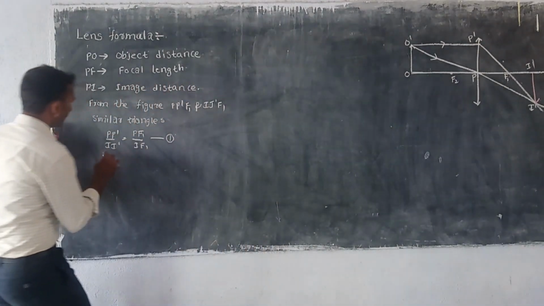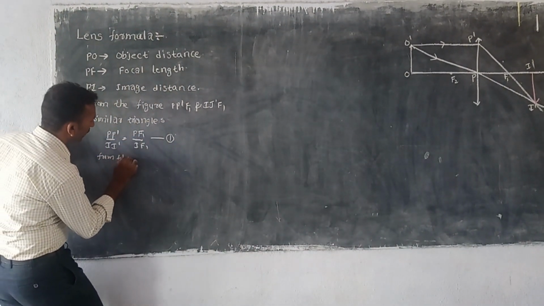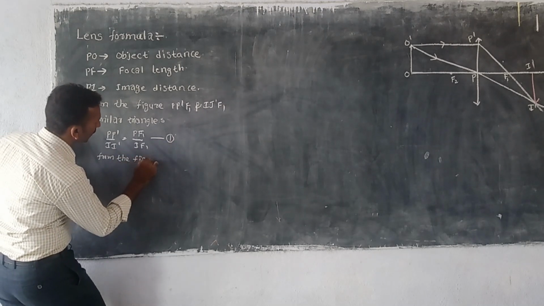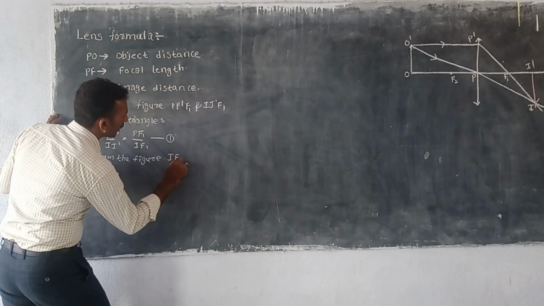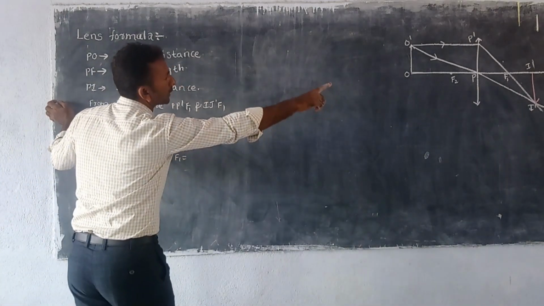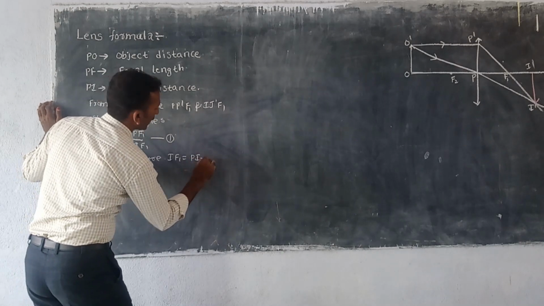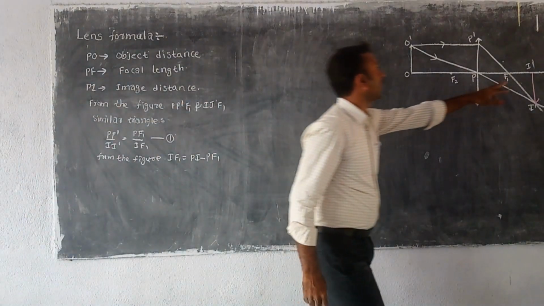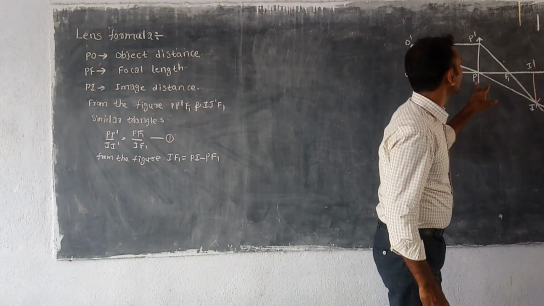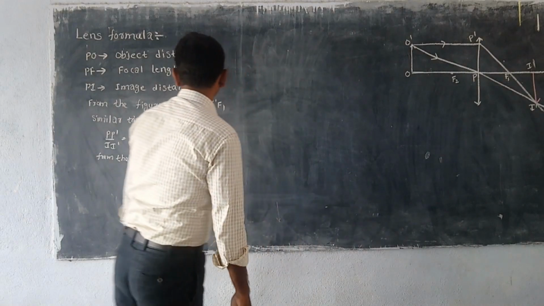So from the figure, we can write If1 equals Pi minus Pf1. If you remove this value, we can get the If1 value.